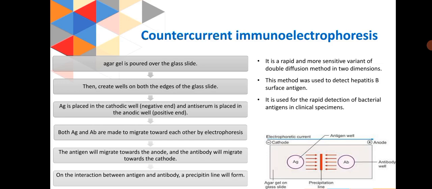Antigen is placed in the cathodic well, that is the negative end, and antiserum is placed in the anodic well, that is the positive end. Both antigen and antibody are made to migrate towards each other by electrophoresis. The antigen will migrate towards the anode and the antibody will migrate towards the cathode. On interaction between the antigen and antibody, a precipitin line will be formed.